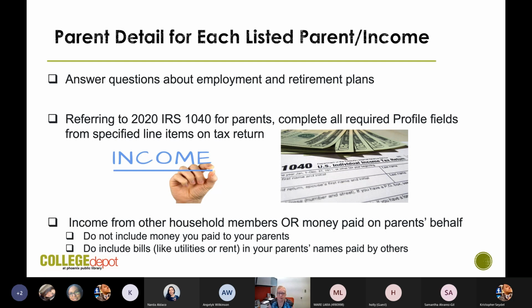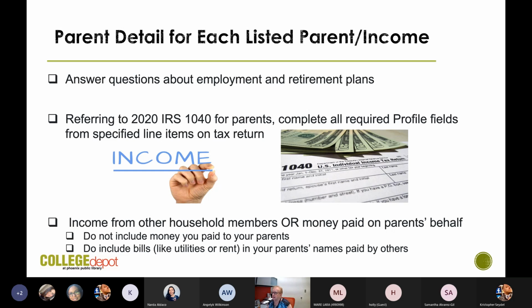When you have finished entering the demographics and the retirement information and the marital status information about each of your parents listed in the parent relationships section, you will then come to parent income information. This is where the form looks a lot like the FAFSA. So good news there.